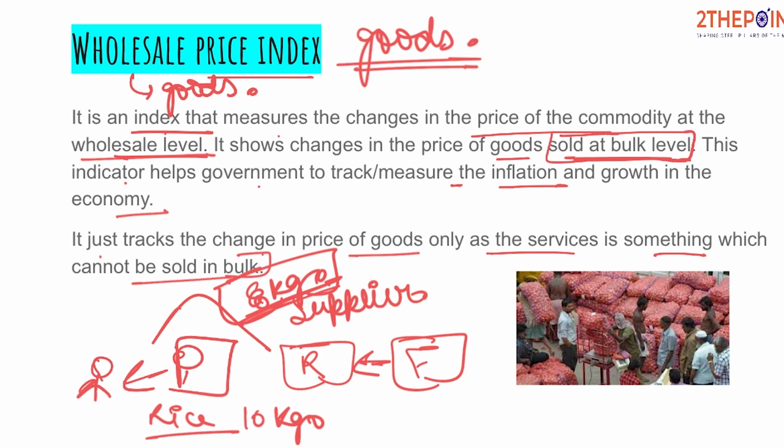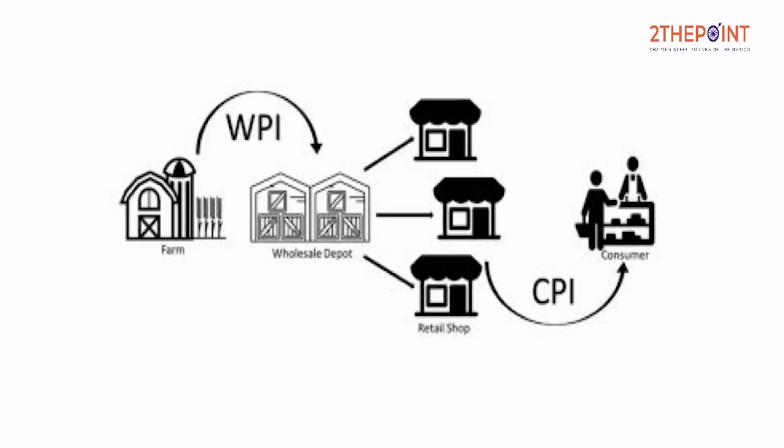You may definitely forget after a certain point of time, but if you understand the logic behind excluding certain goods, then I think you will remember it for a longer period, or maybe for a lifetime. So moving on to the next slide.